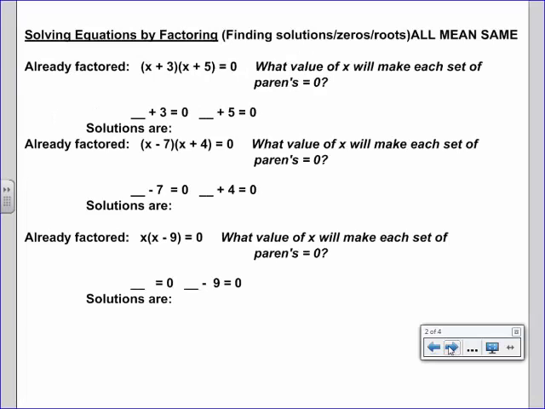Now imagine this. You want to know what would make (x + 3)(x + 5), the quantities multiplied, equal 0. Well, just think conceptually. You're actually multiplying this times this. So if either this is 0 or this is 0, when you multiply them, it would turn the whole thing to 0.